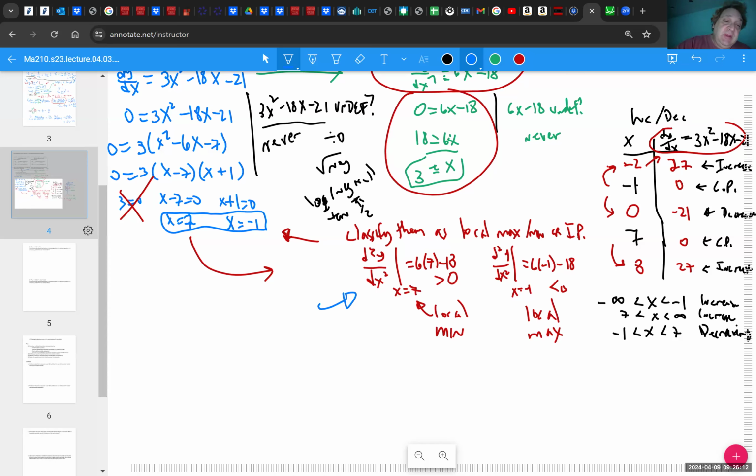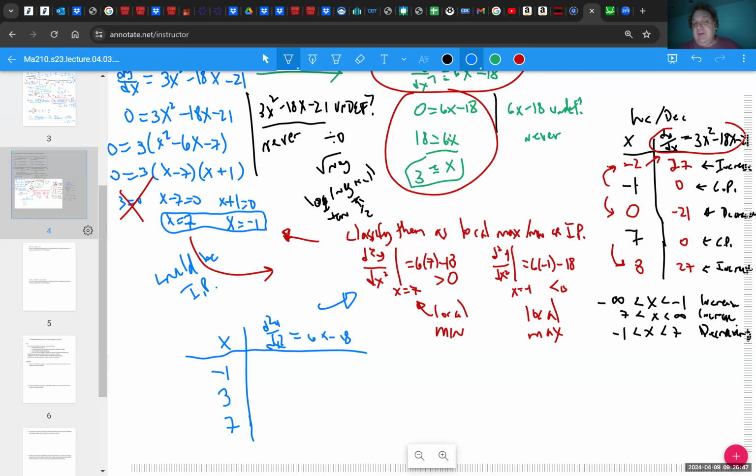So when we do our second derivative thing, our second derivative equation was 6x minus 18. We definitely have the number 3 that we're going to test on the right side and left side of 3, because we need to know whether it's concave up or concave down around 3. But -1 could also be an inflection point, and 7 could also be an inflection point.